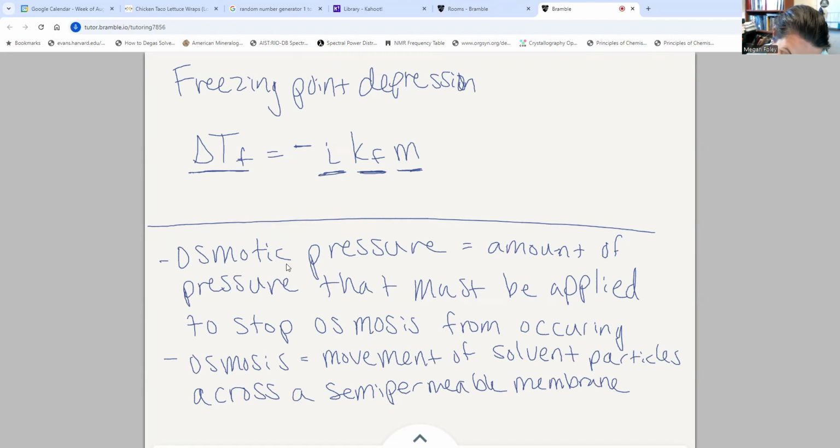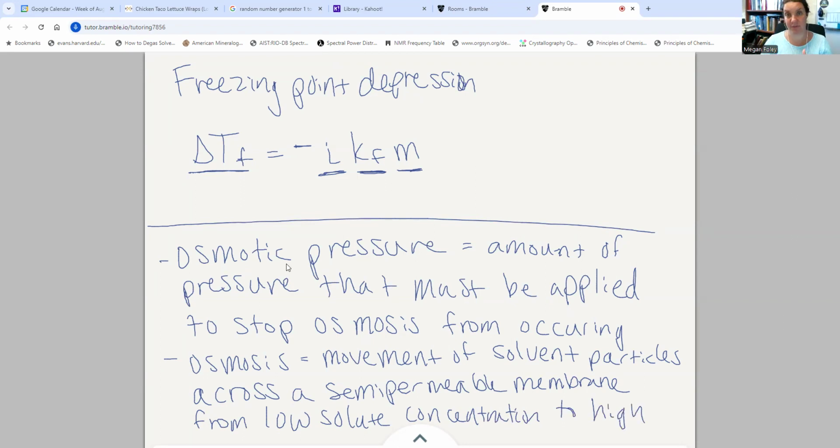So across a semipermeable membrane, from low solute concentration to high. So the solvent is going to move towards the side with more solute particles to try and equalize the concentrations of our solute particles.